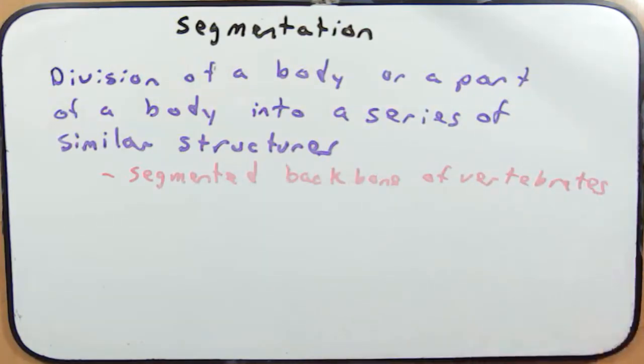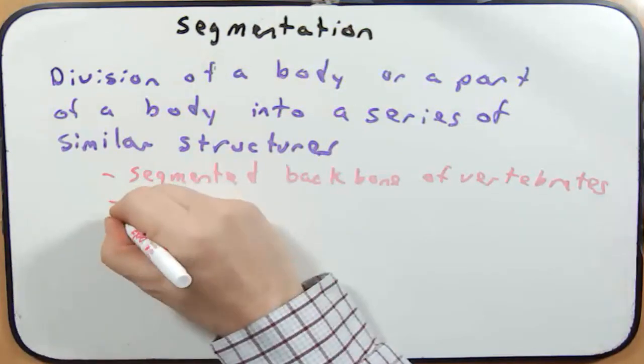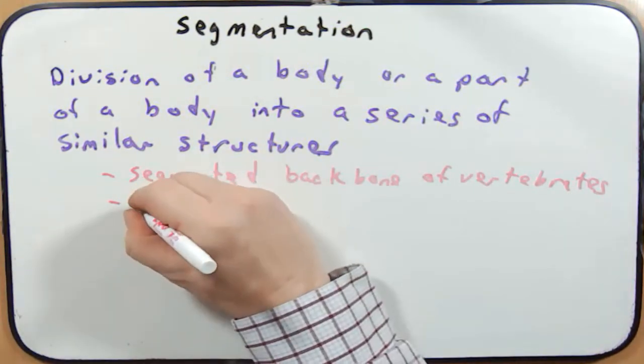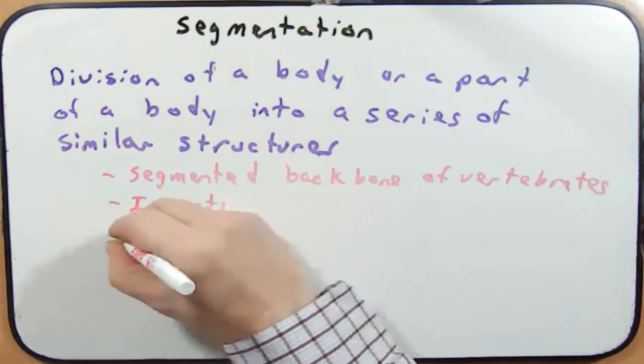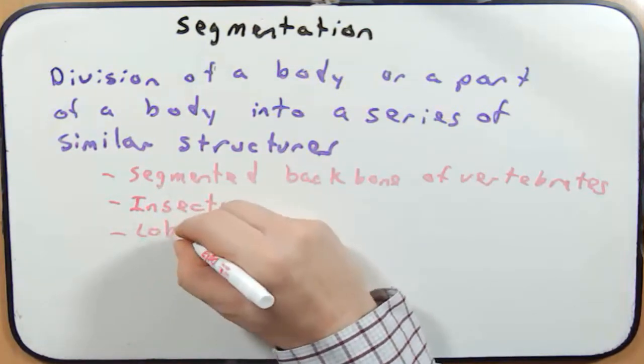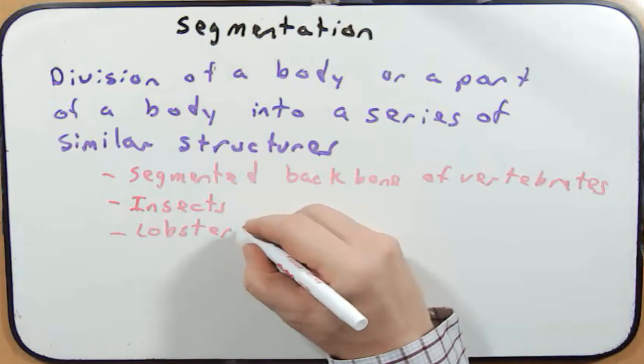So animals with vertebrae represent this segmentation event. Another good example, and I'll show a picture of this in a moment, is seen in animals like insects and animals like a lobster that have very specific segmented parts of their body.